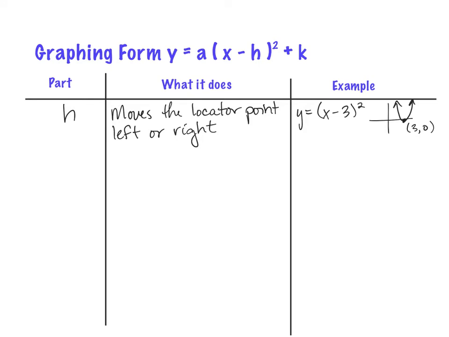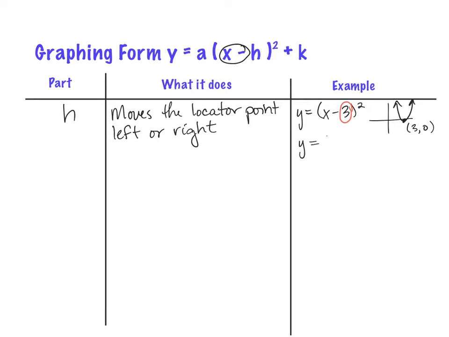Now, this is where it gets a little bit confusing because this is x minus. That's part of the form. So whatever is in place here, this is x minus 3. So it's really just the 3 that's in place of the h value.